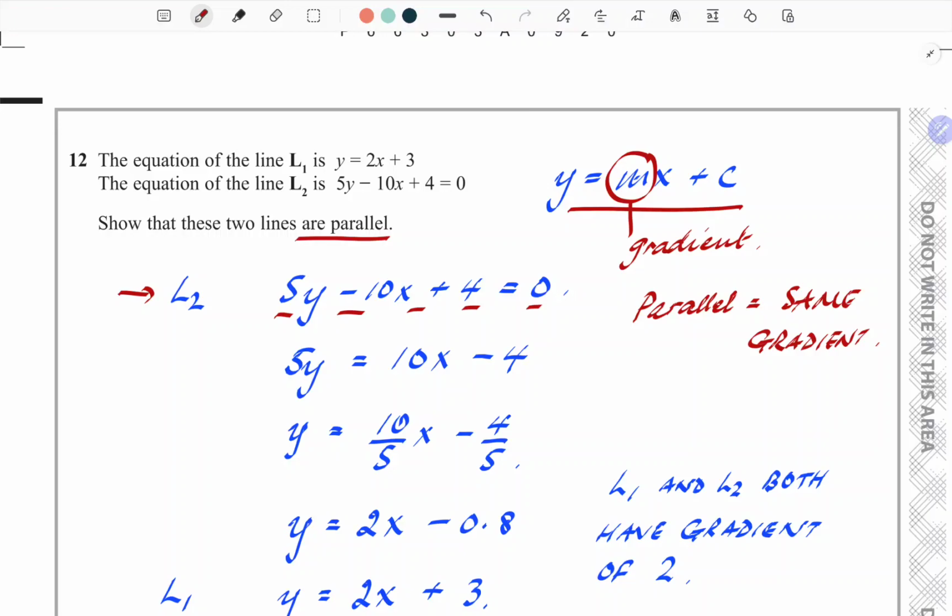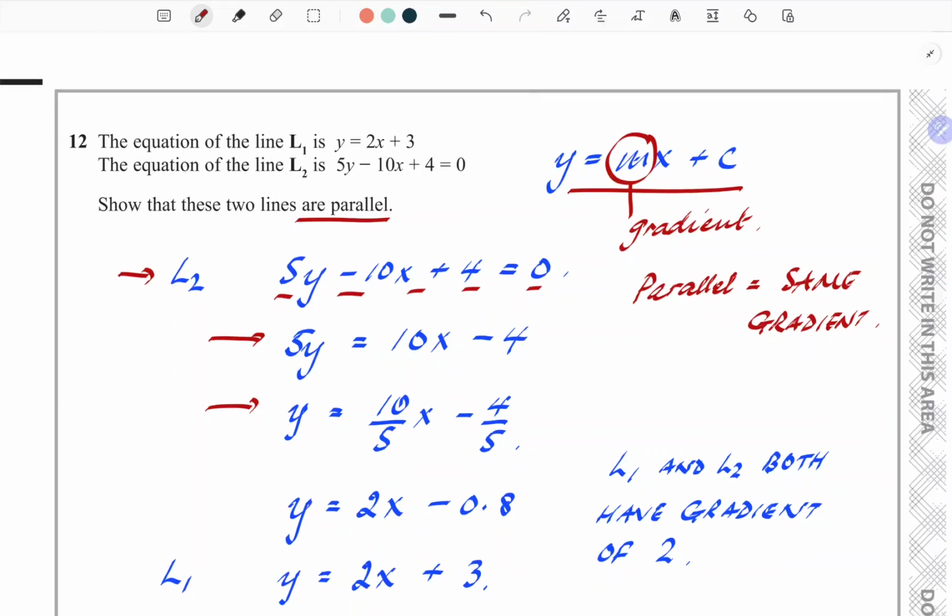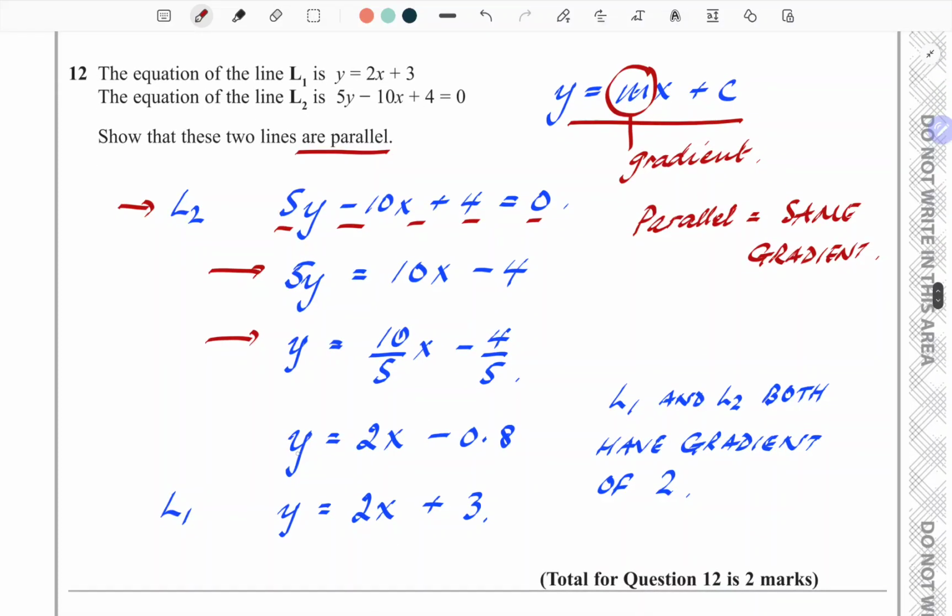On the other side, they reverse their signs. So you get 5y equals 10x minus 4, and divide everything by 5. So you get y equals 10 over 5 times x, minus 4 over 5. And simplifying that, you get y equals 2x minus 0.8.